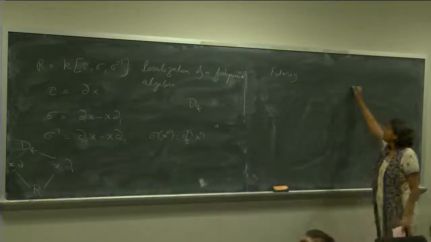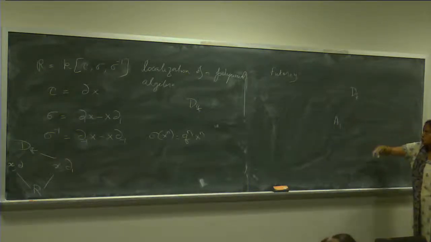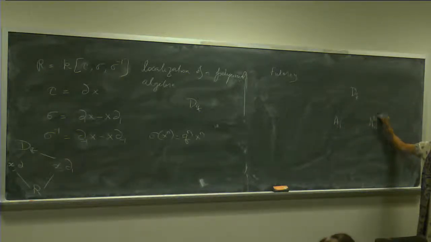So dq contains both the first Weyl algebra over R and the first quantum Weyl algebra over R.